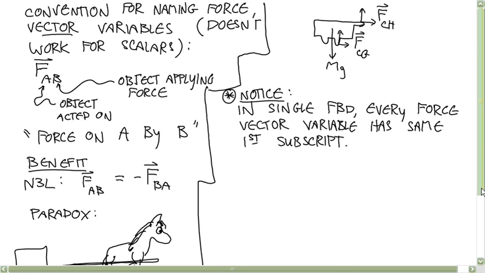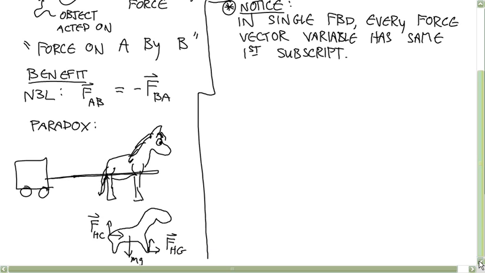Okay, let's do another example. I'm going to use that convention, and it's a really easy problem, but it's designed to lead into what we're going to do a lot in this class, which is to isolate a body that you don't really think of as its own body.